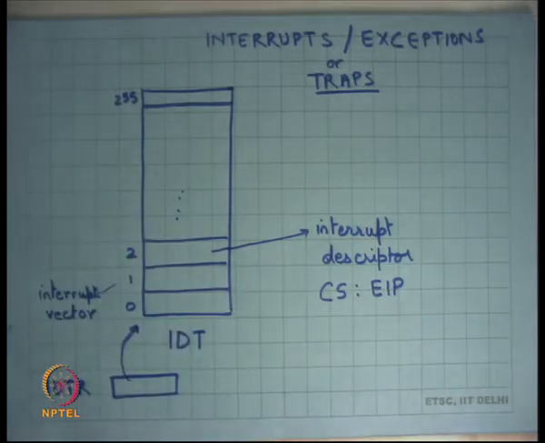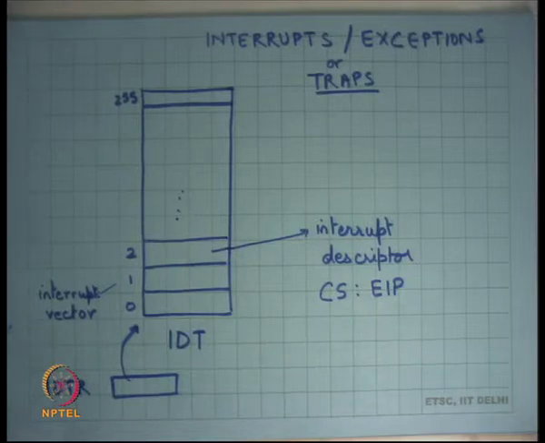And these handlers will typically do what? They will either execute the device driver logic in case it's an external interrupt, or if it's an exceptional condition, they will execute the appropriate logic to deal with it. For example, if it was a segmentation fault, the operating system could say, let's just kill the process, right? Or it could convert that exception into a signal and pass it on to the Unix process.